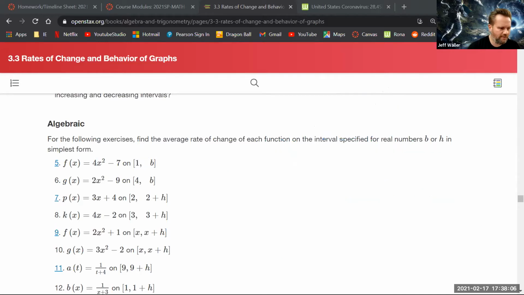I'm sorry. Let me do this again real quick. f of b is 4b squared minus 7 minus f of 1, which was -3, over this minus this. On the bottom should just be the difference in the inputs, and the top is the difference in the outputs.